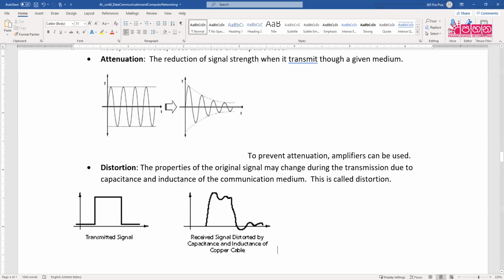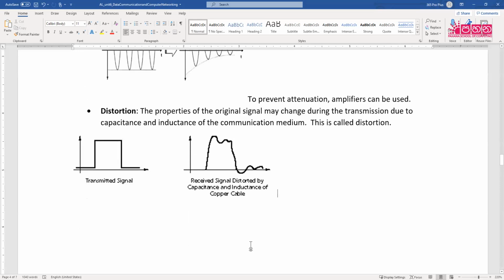Now, the other one that we want to discuss under this is what we call simple topology. The idea that we want to discuss is point-to-point connection. What do you mean by point-to-point connection? It means you connect two devices using a single cable.